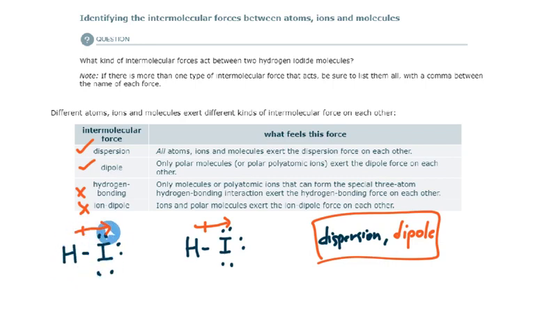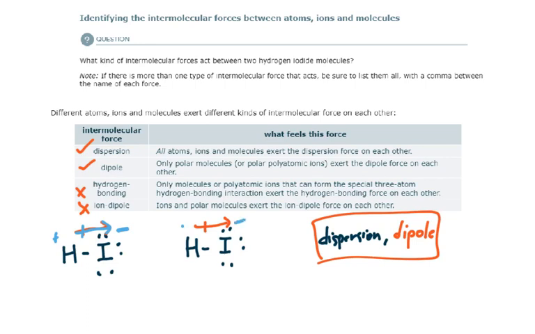So how do the dipole forces hold these two molecules in some type of attraction? Well, because this is polar, that means that the electron density is not equal, not symmetrical, right? The electrons are pulled more in this direction. So that means that this is the negatively charged region of this molecule, and this is the positively charged region.